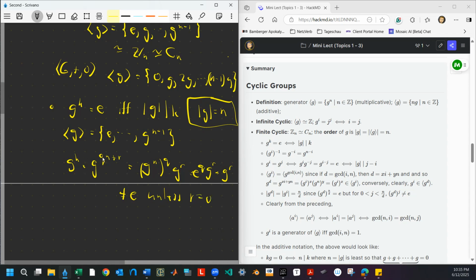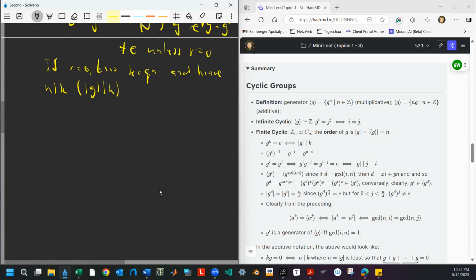But if r equals 0, then k is equal to qn, so n divides k, which is what we wanted to prove. That is, because n is the order of g, the order of g divides k. Okay, good, right? So that's how you prove the first one.